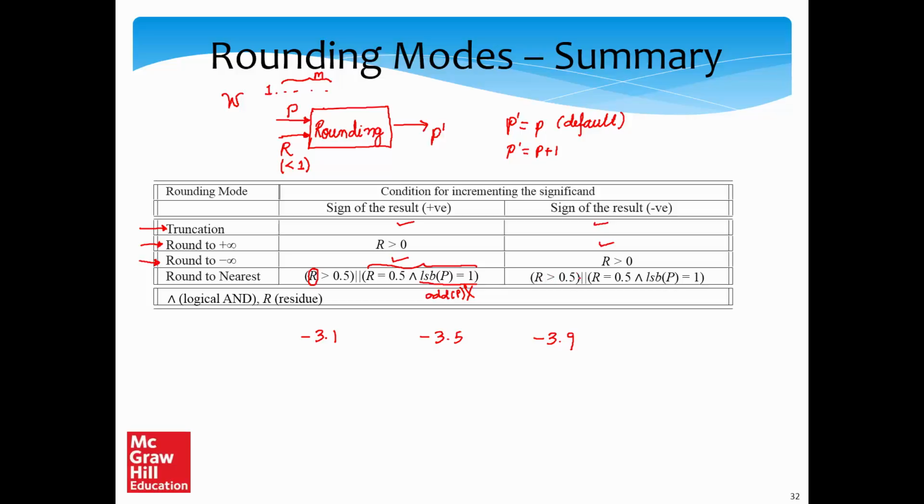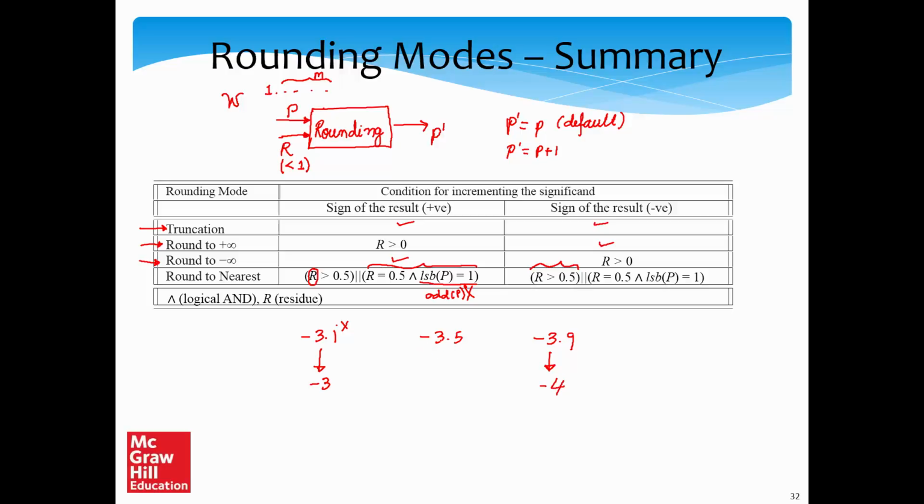If the residue is greater than 0.5, I'll do something, or if the residue is 0.5, I'll do something else. But both the conditions for minus 3.1 are false. That's the reason I'll truncate. So minus 3.1 will become minus 3. Now if I take a look at minus 3.9, the first condition is true. The residue 0.9 is greater than 0.5. That's the reason we'll increment the significand, and this will get rounded to minus 4.